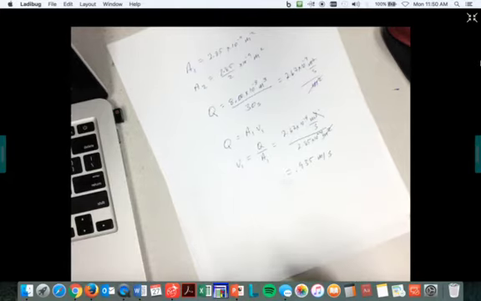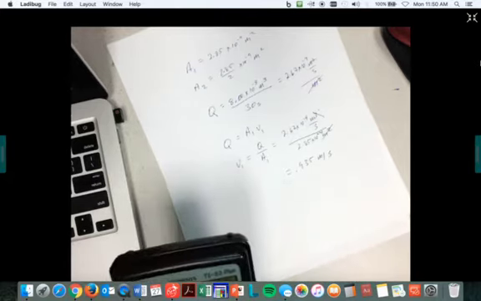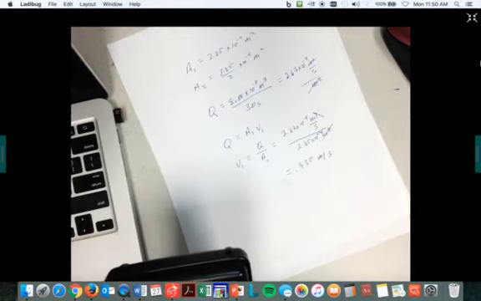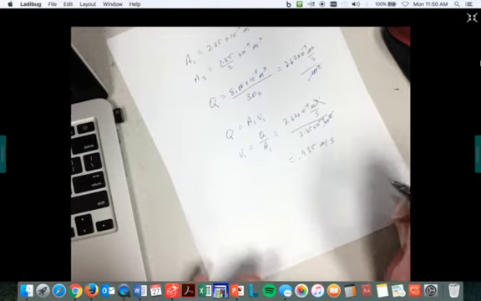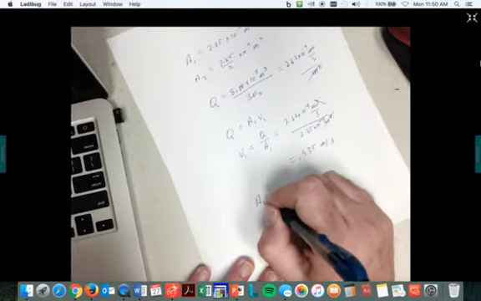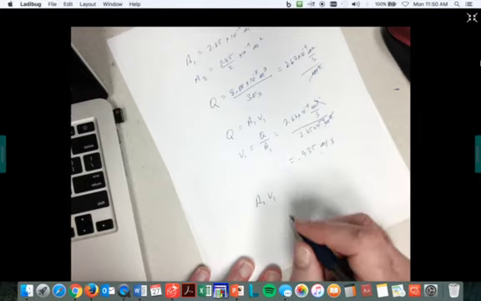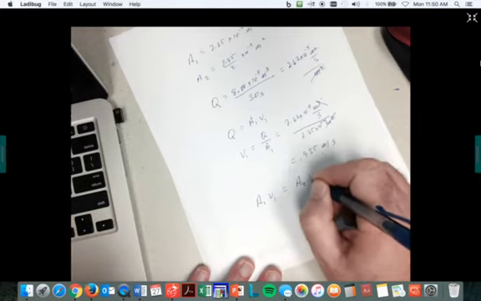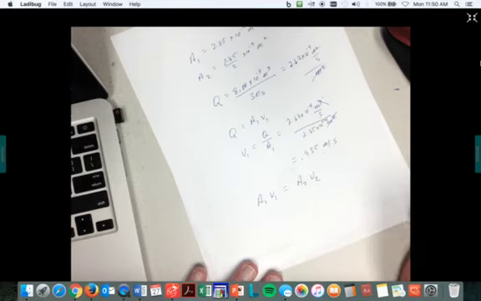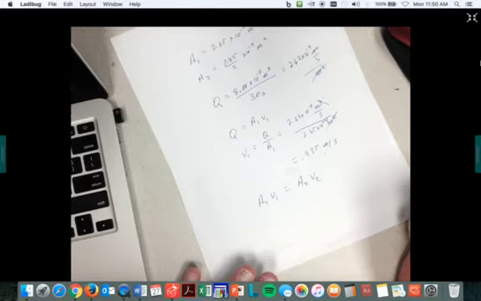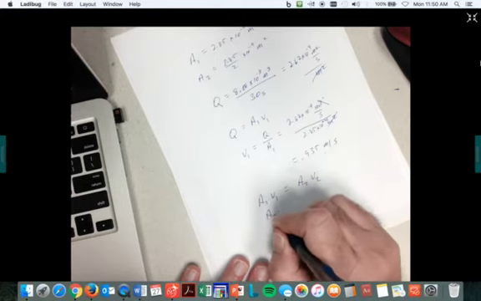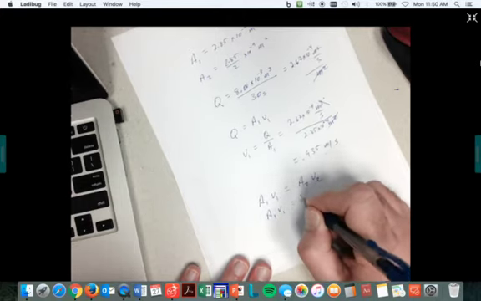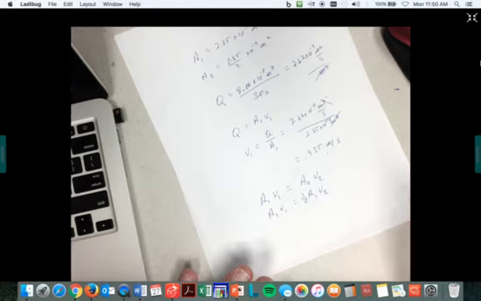Now it goes into something that's half the area. So let's take half the area: 2.85 divided by 2 is equal to 1.425. Here's what we've got: A1 V1, and we know what V1 is now, is equal to A2 V2, because it's the same water. We've got to figure out what V2 is. Actually, I didn't even need to do that division, because I know that A1 V1 is equal to one half A1 times V2, since it has half the area.